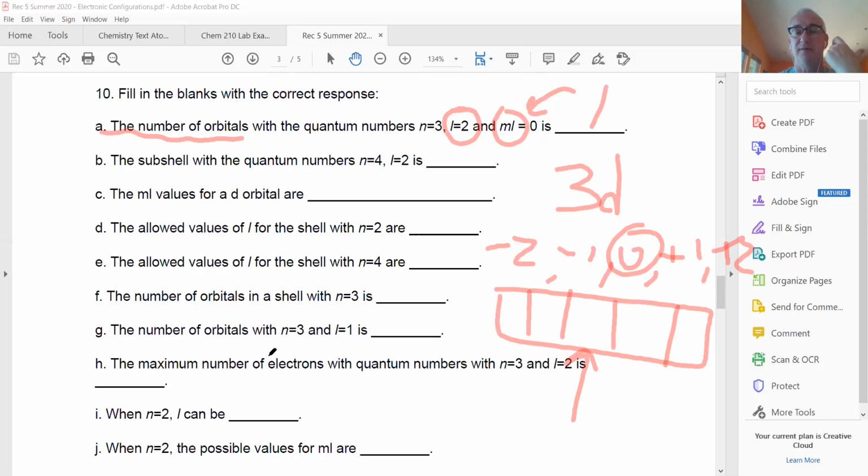And if it asked you the number of electrons that could have those 3 quantum numbers, the answer is 2, because there's 2 electrons in each orbital. If instead of orbitals it said electrons with those 3 quantum numbers, the answer would be 2. First one would be plus 1/2, second one minus 1/2.